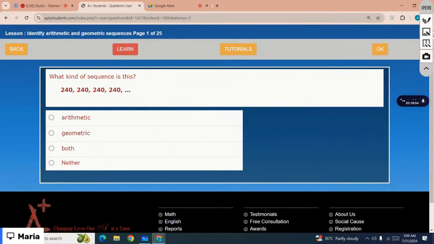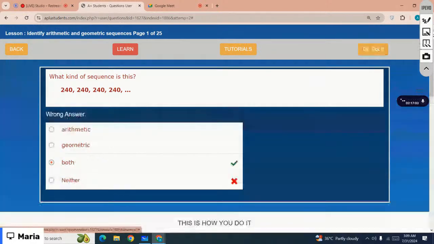Yes, the same number is repeating over and over again. Sorry, if the same number is repeating again and again, that means it is both arithmetic and geometric. So the correct option is both.